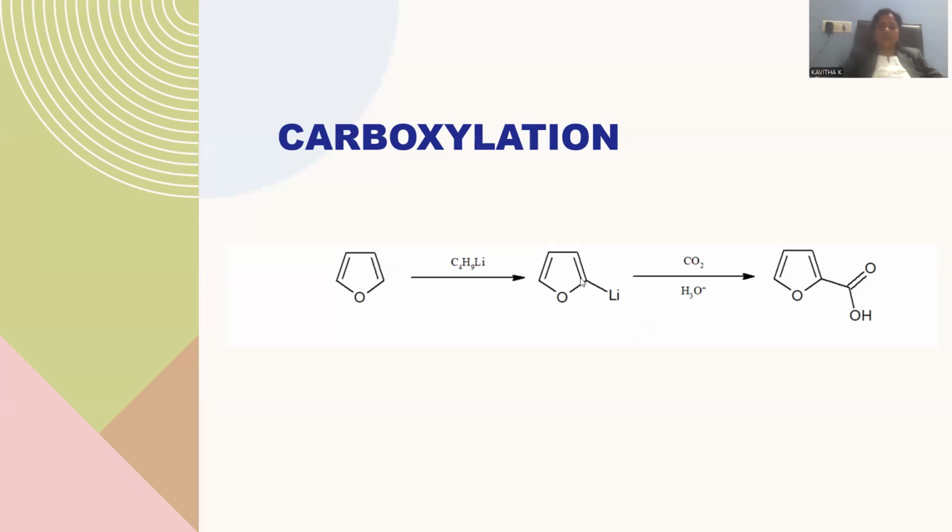So the lithium substituted product you can notice, that can be treated with carbon dioxide. Carbon is experiencing electrophilicity. The carbanion is directly going to bind with this carbon dioxide carbon and generates a new carbon-carbon linkage, and further protonation under acidified conditions gives rise to carboxylic acid. This is called furoic acid. So whenever furan is treated with alkyl lithium, and subsequently carbon dioxide, it gives rise to furoic acid.